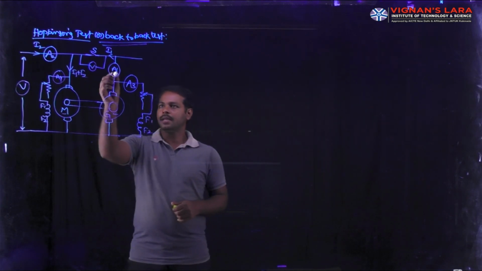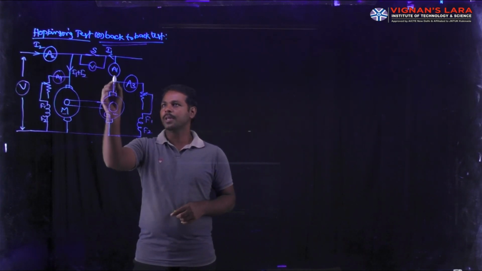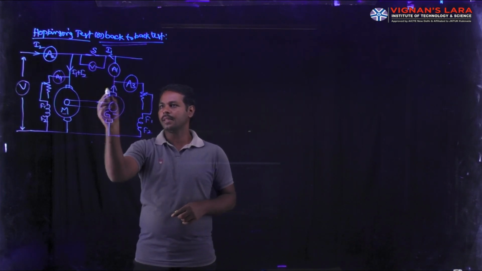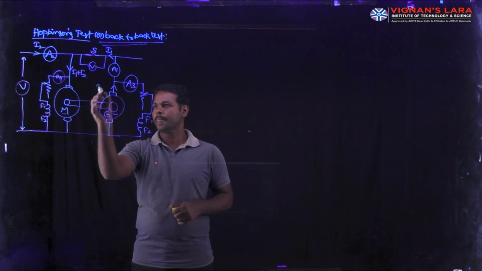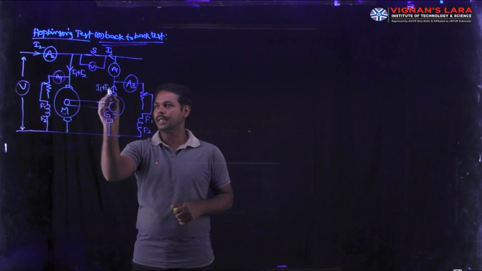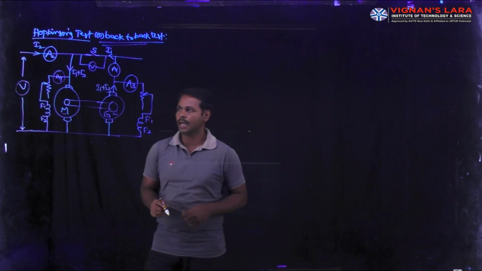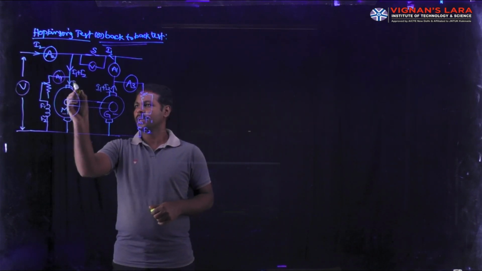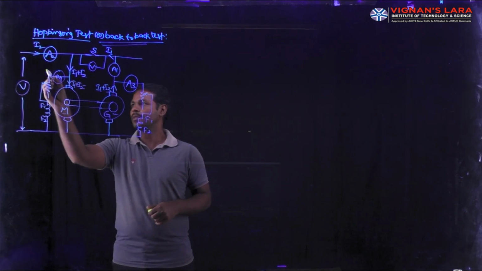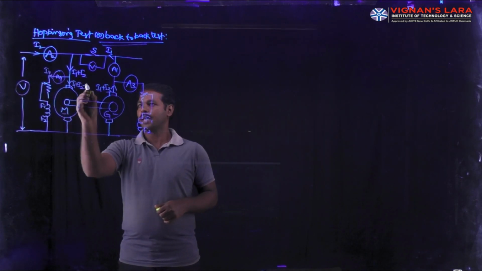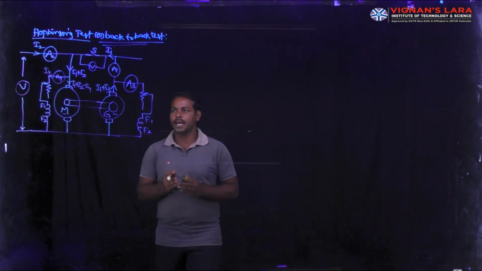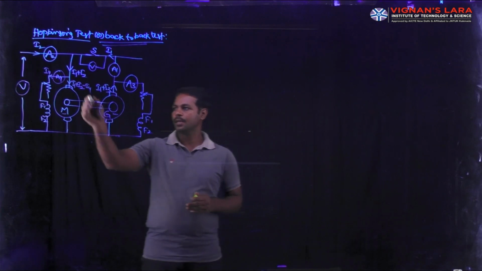The current generated by the generator is I1 plus I3. But the current across the armature is I1 plus I2 minus I4. So I1 plus I2 minus I4 current is directly given to the motor.